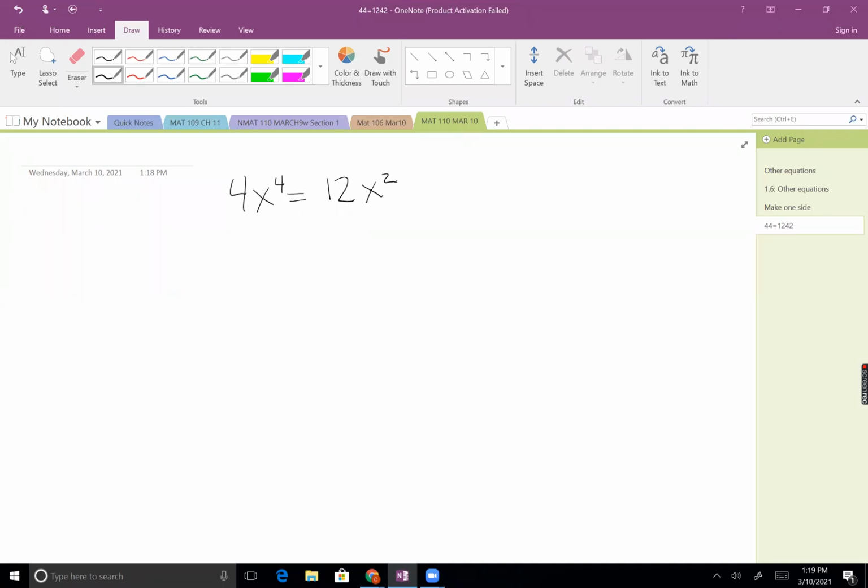Are we gonna do this on our own? Yep, just the first part, making one side 0 and factoring.